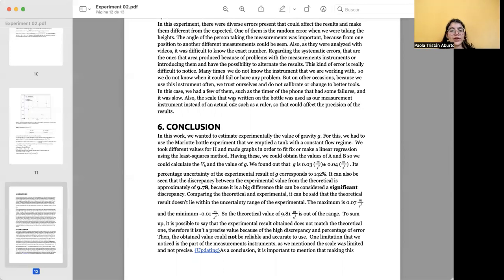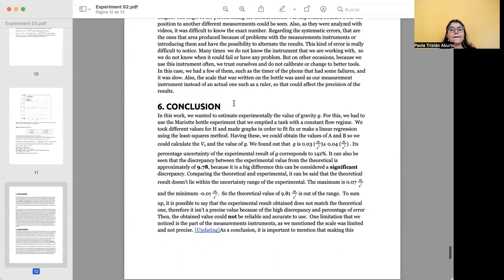Some of our errors in this case, we have the timer of our phone. Our phone was failing, so the timer was a little bit slow. So that was one of our errors.